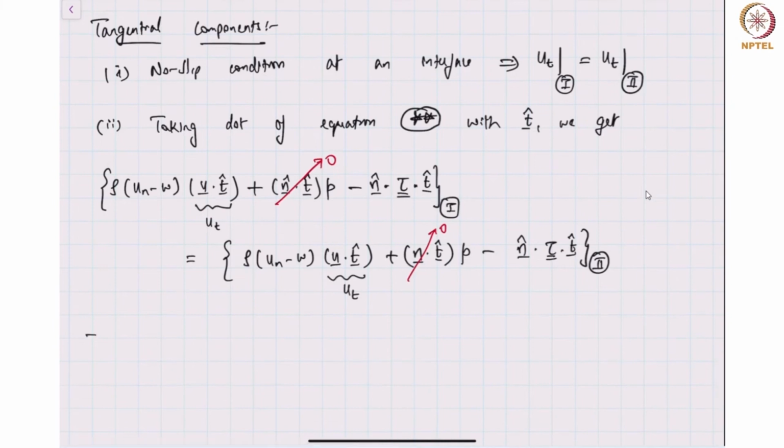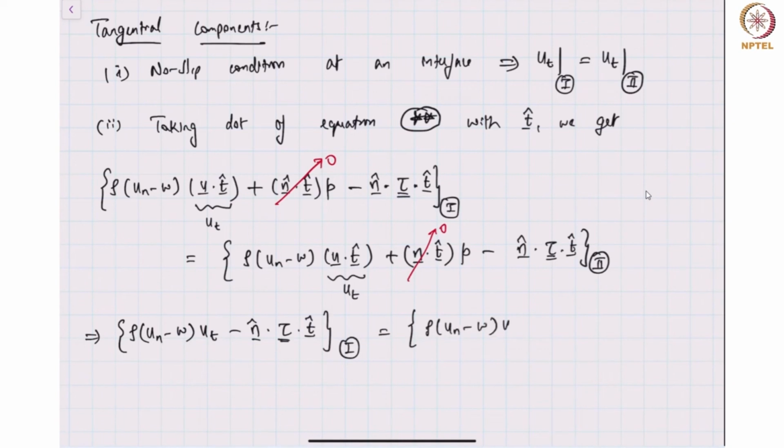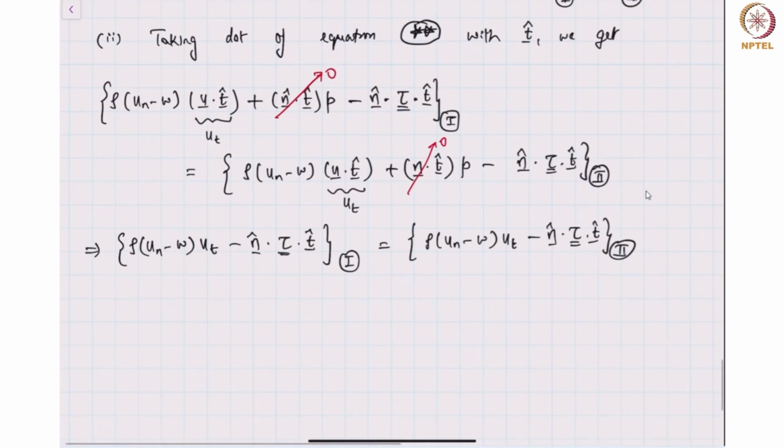And so this equation essentially simplifies to rho (un minus w) ut minus n dot tau dot t over region 2.